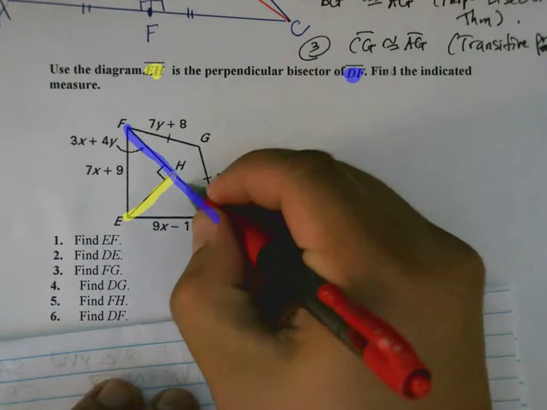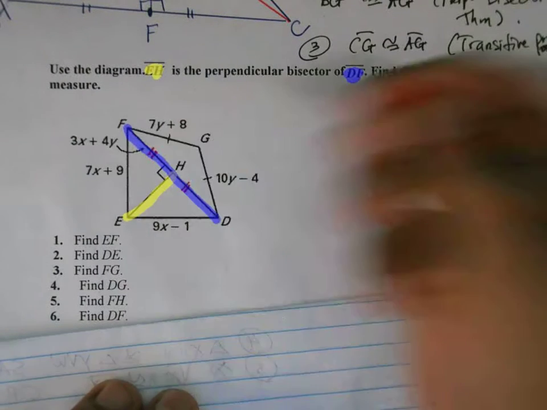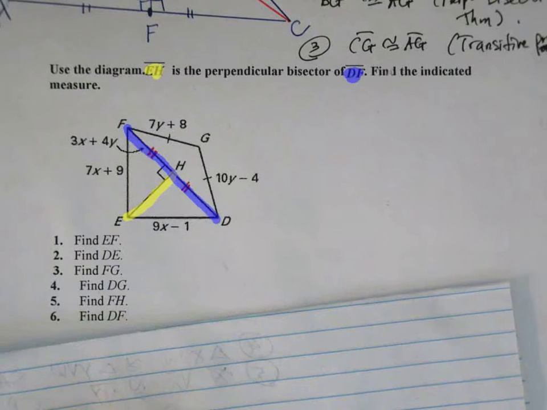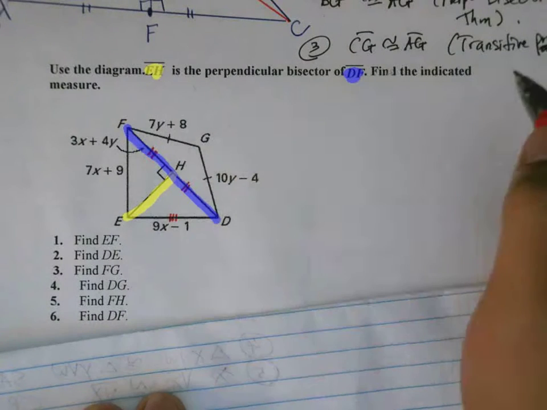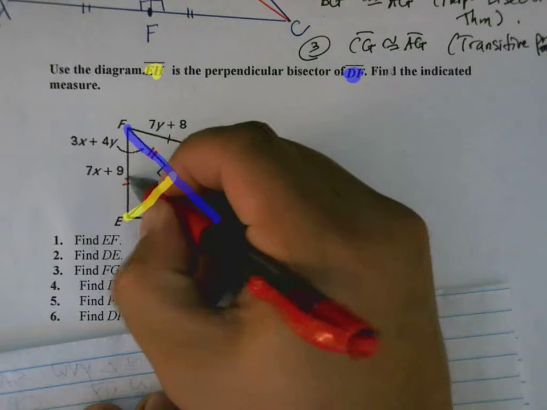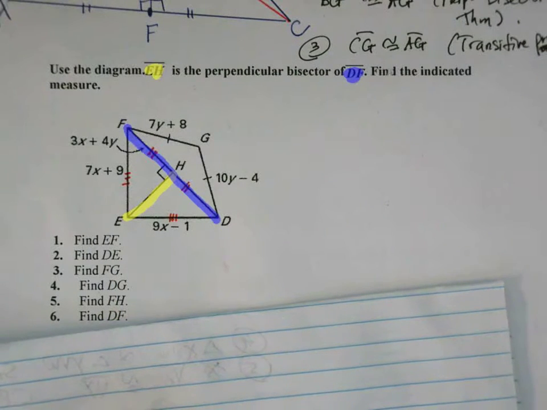We know that this line segment, DH, and this line segment, FH, must be congruent to each other. We also know then that this line segment, ED, must also be congruent to the line segment, EF. And this is from the perpendicular bisector theorem.